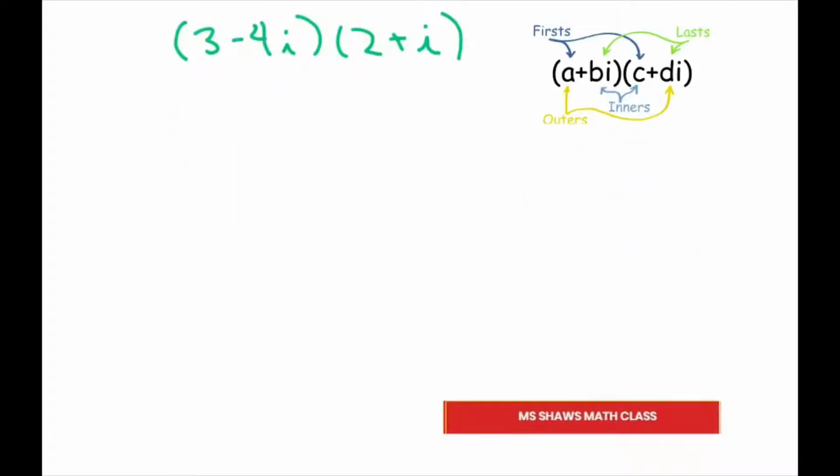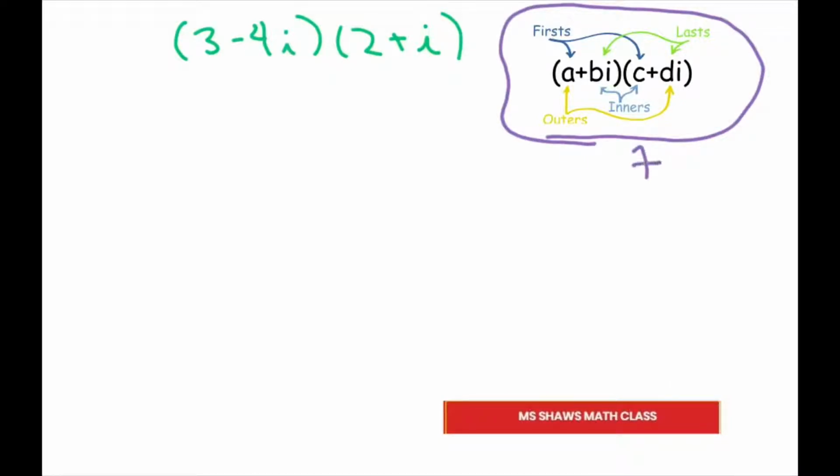And the last part is the hardest one. So what we're going to do is this one 2 ways. The first one we're going to do is this part. This is called FOIL: first, outer, inner, last. So we do our first. Maybe I should do that in blue like they did. All right, so first.